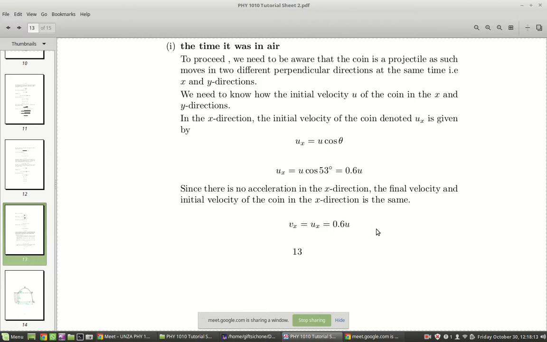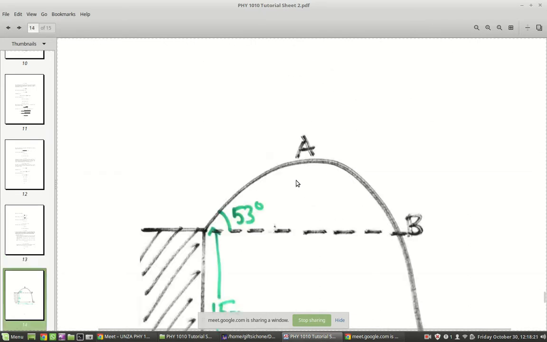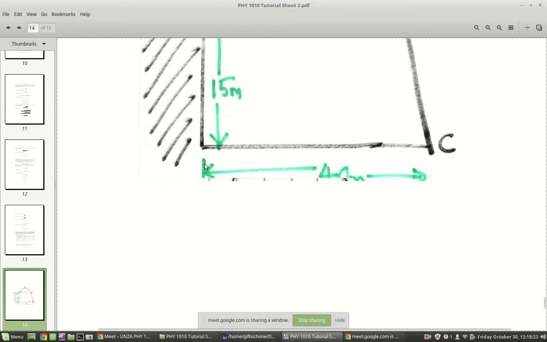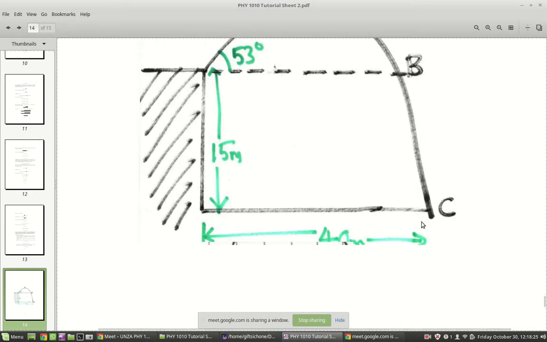We also know that along the horizontal, from the launch point to where it lands, the range is 40 meters.